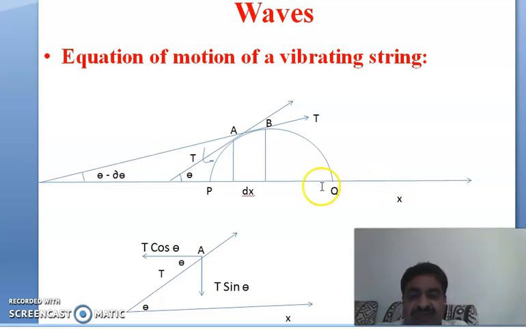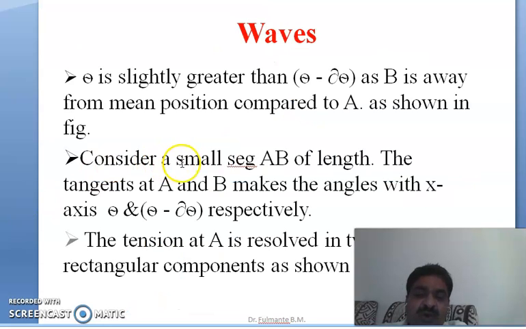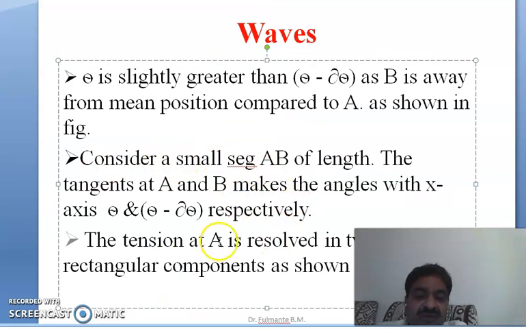Right? Then here the vertical component T sin theta we have seen. But theta is also very, very small, because A and B are very close. If theta is very small, then what happens? The tension at A is resolved into two rectangular components as shown in this figure.